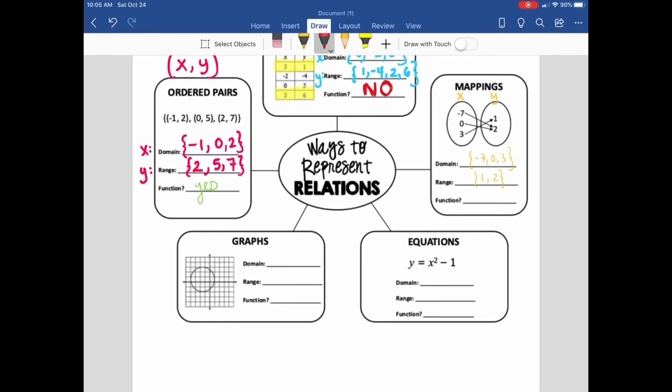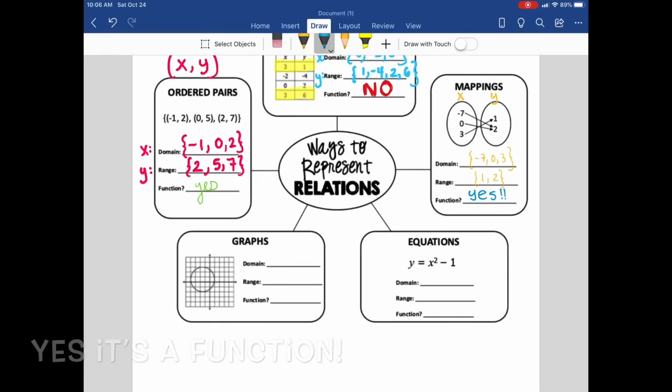And folks, the one thing we want to identify, do all of my x values go to one and only one y value? -7 only goes to 2. 0 only goes to 2. 3 only goes to 1. So since all of our inputs go to only one output, it's a function. It doesn't matter that both the -7 and the 0 are going to 2 because they are only going to that one value.